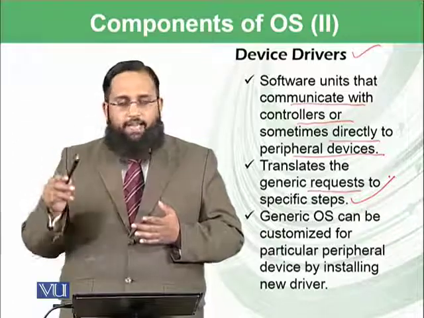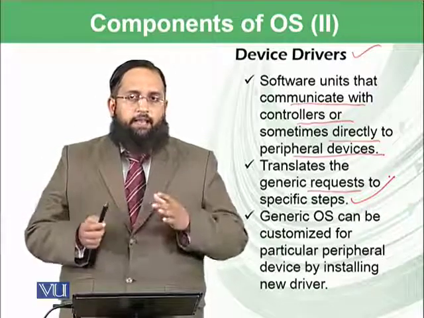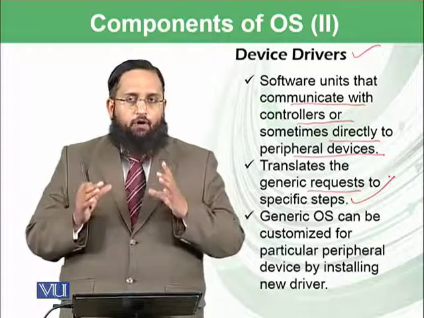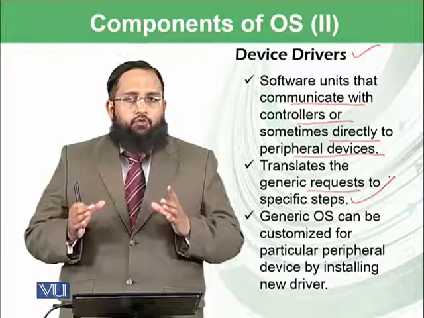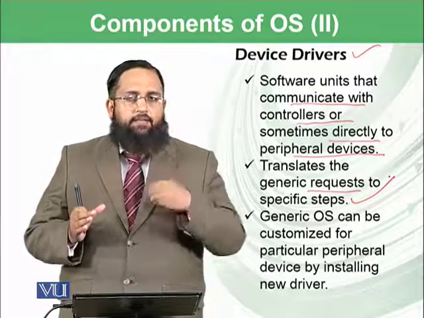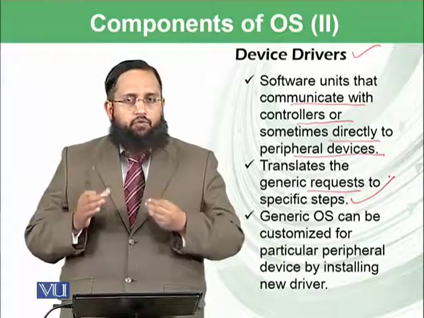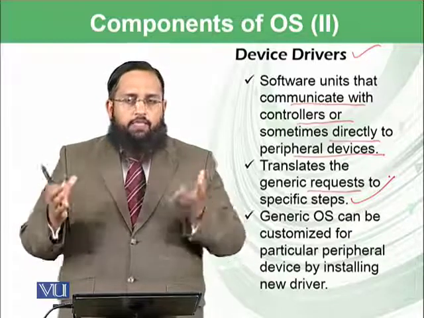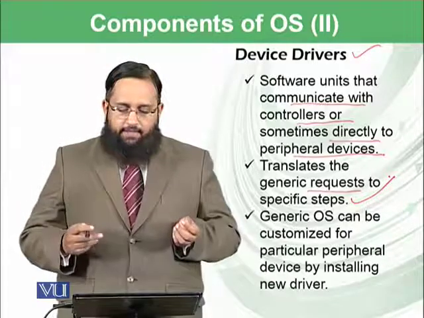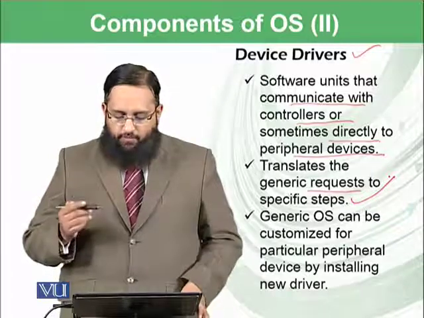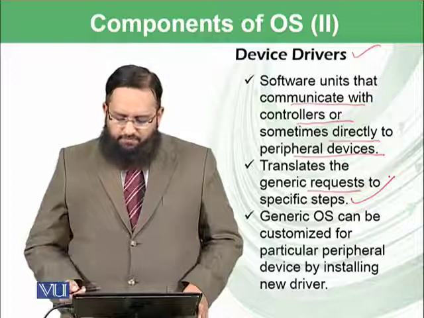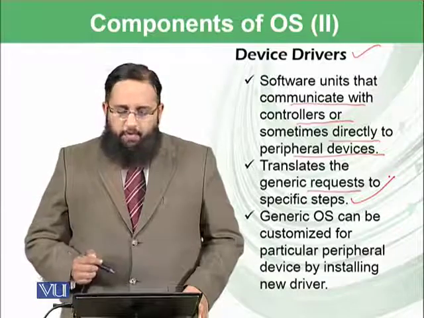After checking all of these things, the document which you want to print is sent in certain bytes to the printer in a certain format. All of these activities are done by the device driver, which translates your generic request into specific steps.